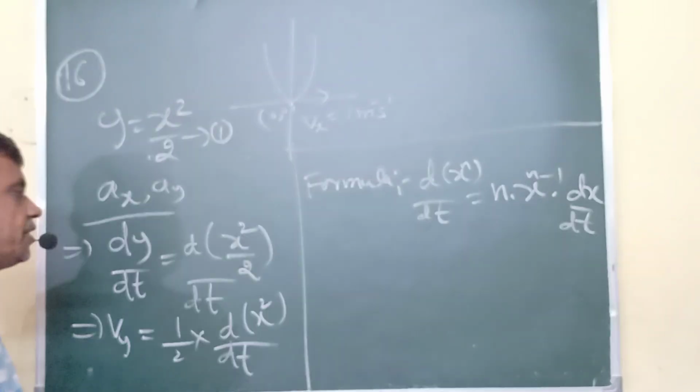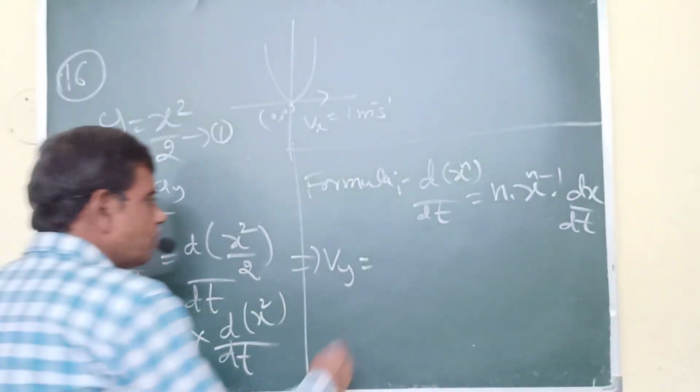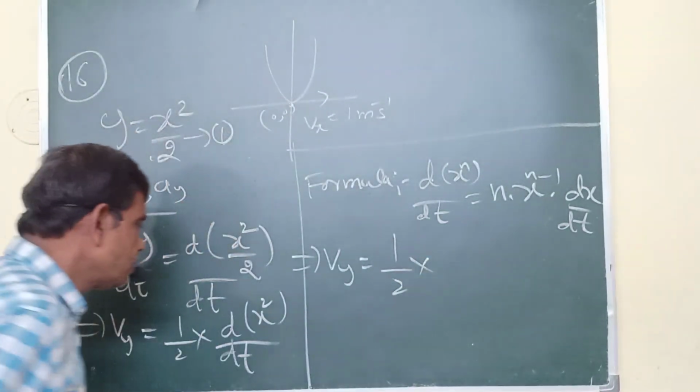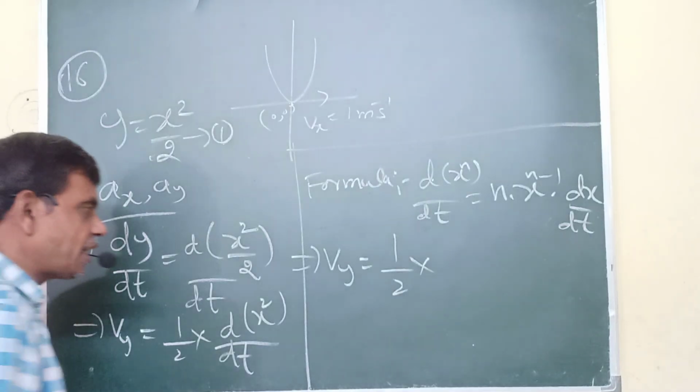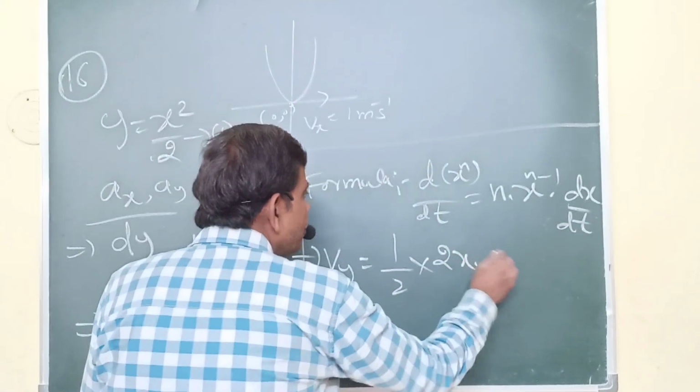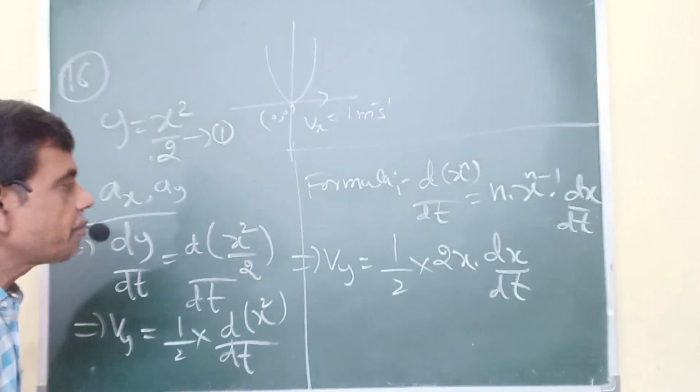Applying that formula, vy equals 1 by 2 into x power 2 minus 1, which is x power 1, so 2x into dx by dt.